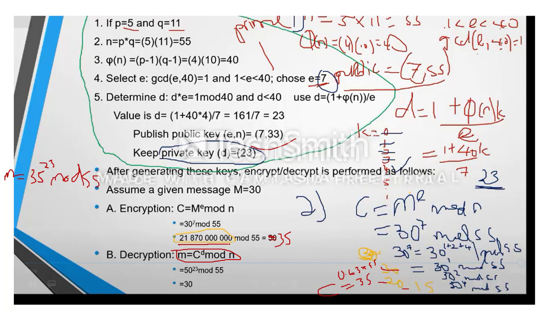It's 21,870,000, but that's the figure that you get if you enter 30 to the power 7. But I had to use this long method because I wanted to prepare you for this scenario.